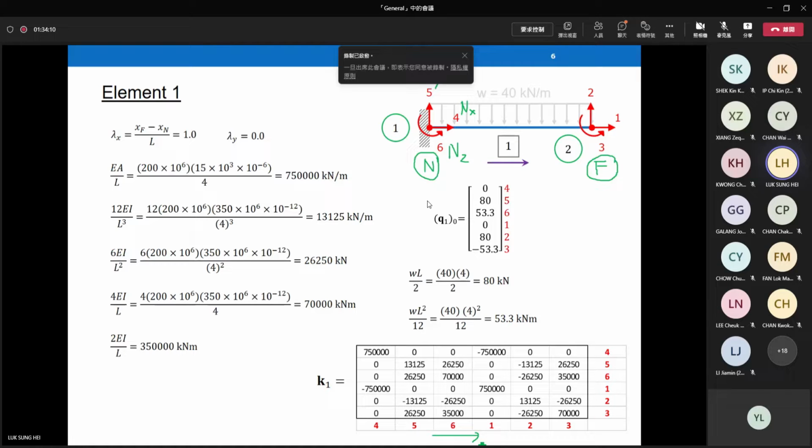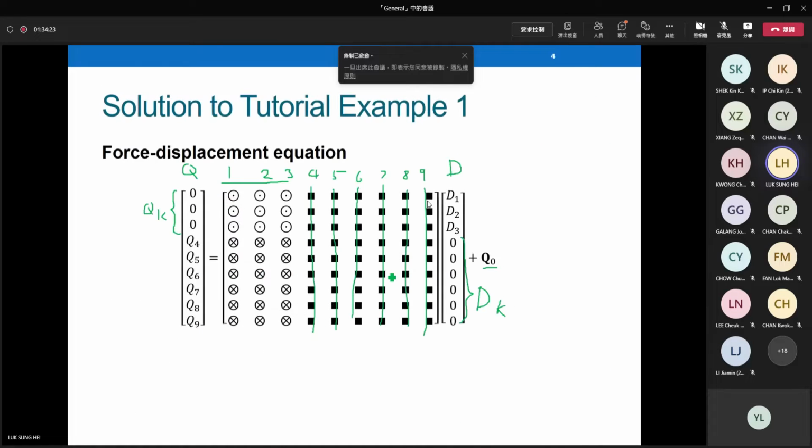And then answer one question. Which part is useful in this element matrix? From the previous page, I just showed you here, right? Row 1, row 2, row 3 are useful. Sorry, it should be column 1, column 2, column 3. I spoke the wrong terms.